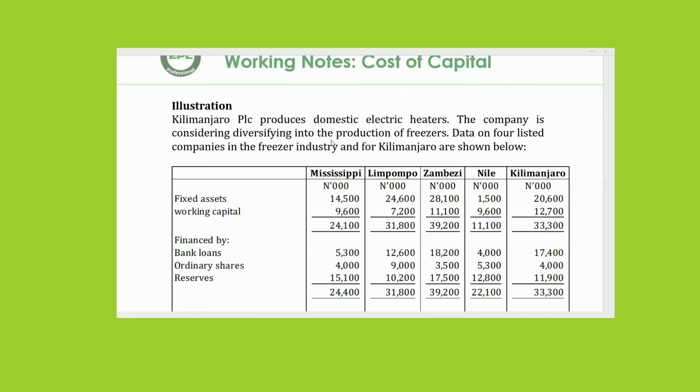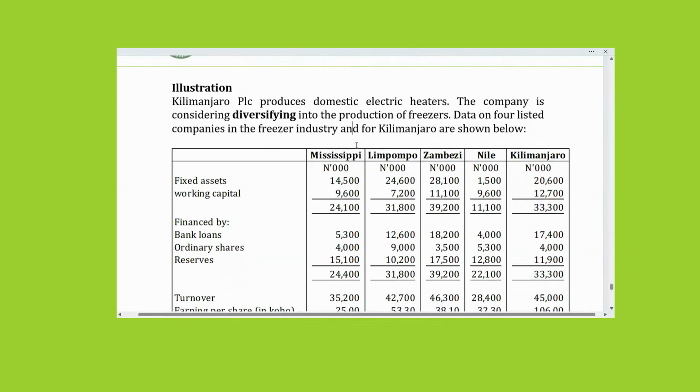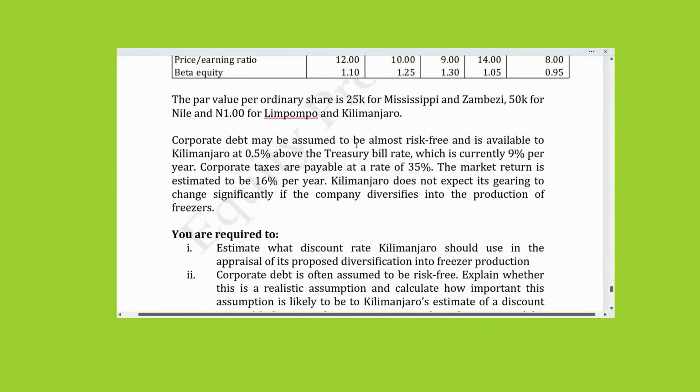Kilimanjaro PLC produces domestic electric heaters. The company is considering diversifying into the production of freezers. Data on 4 listed companies in the freezer industry and for Kilimanjaro are shown below. We have Mississippi, Limpopo, Zambezi, and Nile. The par value per ordinary share is 25 kobo for Mississippi and Zambezi, 50 kobo for Nile, and 1 naira for Limpopo and Kilimanjaro.